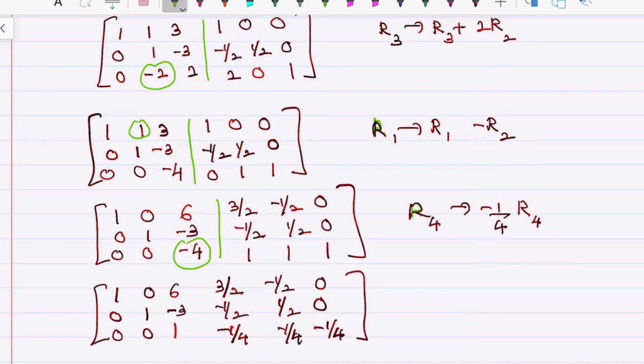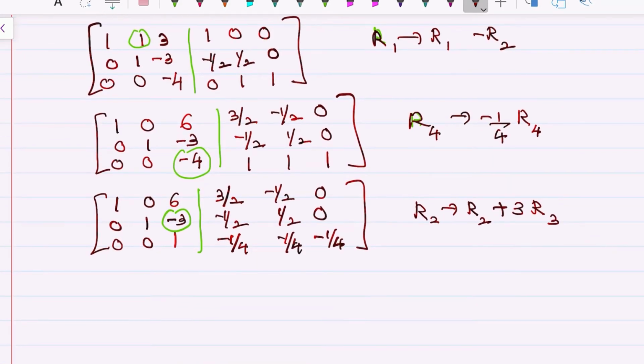Now we still have a minus 3 here. So if I were to do R2 plus 3 times R3, then we can work on this entry becoming 0. So that is what I would do next.